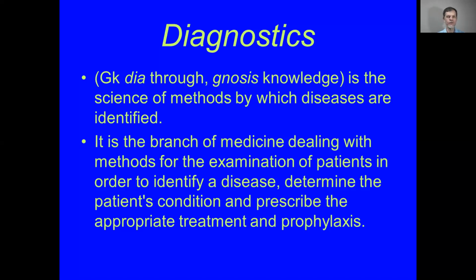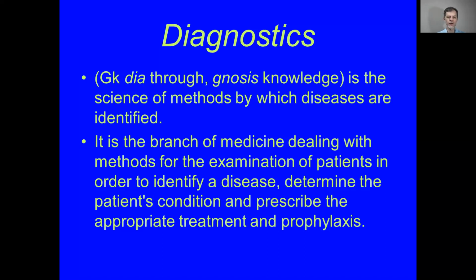diagnostics, the science of methods by which disease is identified. So diagnostics is the identification of disease, and we should know the methods of how to do this. This is not very simple.